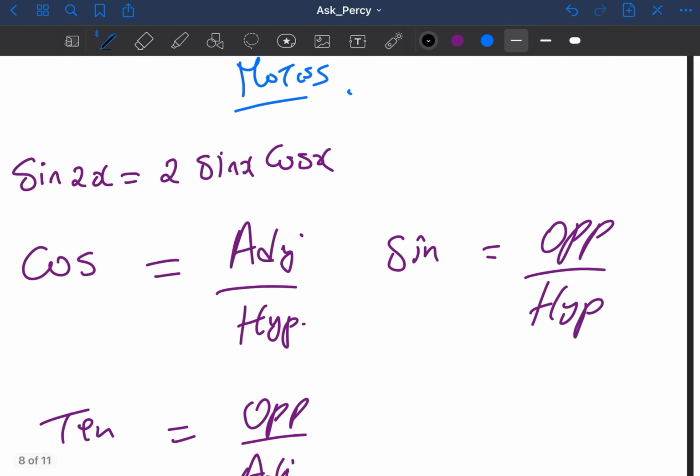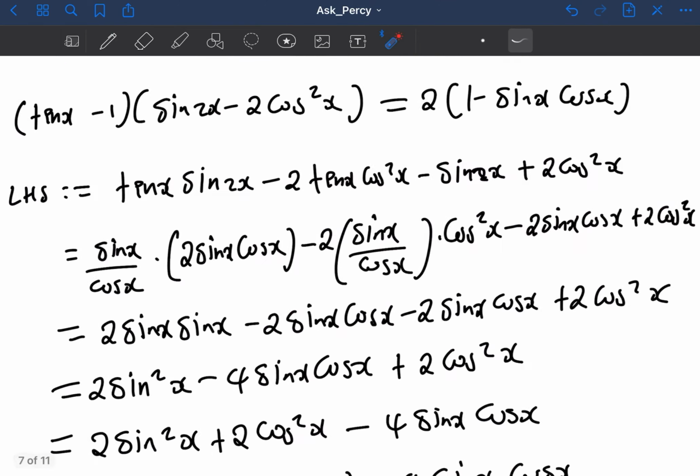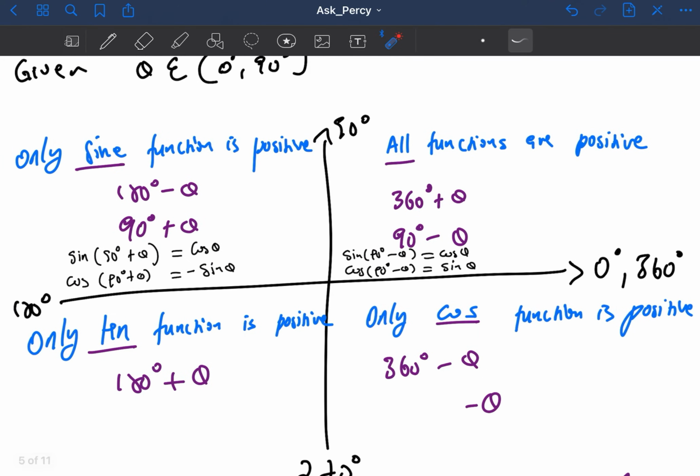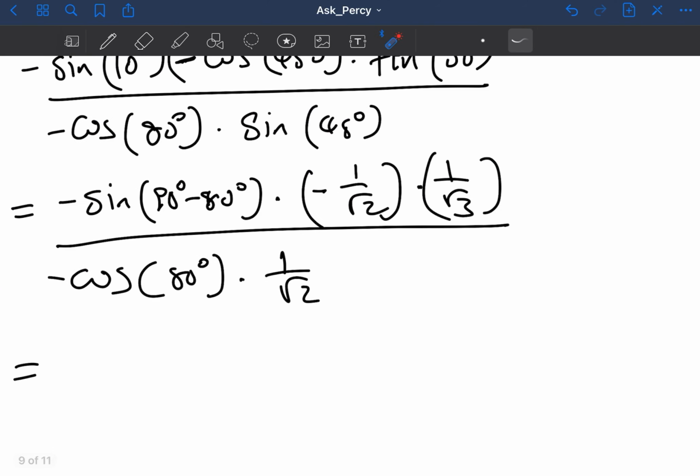So when you go back here and you see sine of 90 minus 80. Sine of 90 minus theta is equal to cos theta. Therefore, sine of 90 minus 80 is equal to cos 80. So that's what we're going to write there.